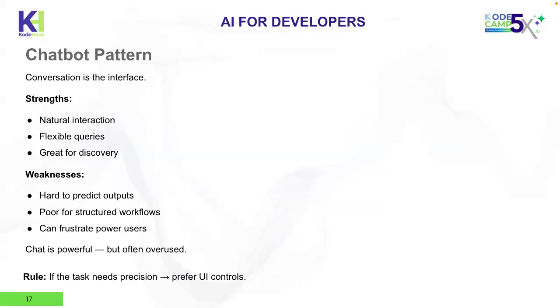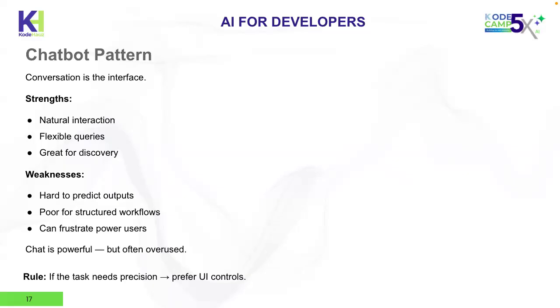The interface is a conversation between the user and the AI. The strength is that it's a natural interaction, because people are already used to a conversational approach and already used to chatbots, right? We're already using chat interfaces to interact with other human beings, with all of the social media chat tools that are available, right? The queries are flexible, right?